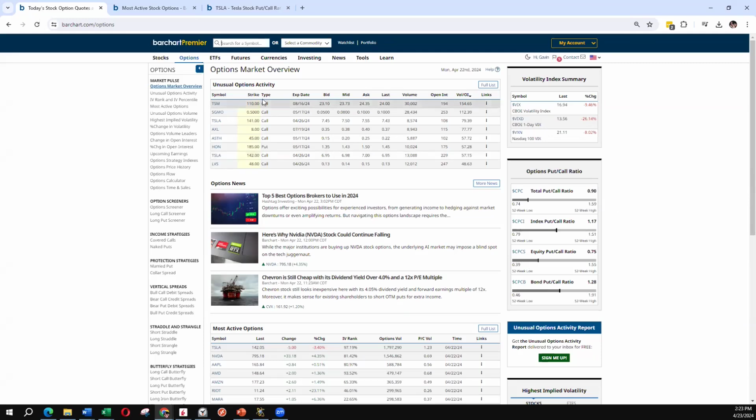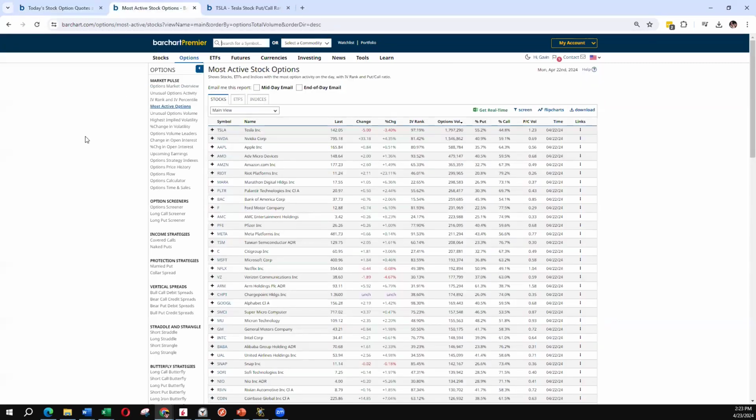The next place you might like to have a look is on the most active stocks page, most active options. So here we're sorting the top names by option volume, and we can quickly monitor our put-call ratios across all the main optionable stocks in the market.